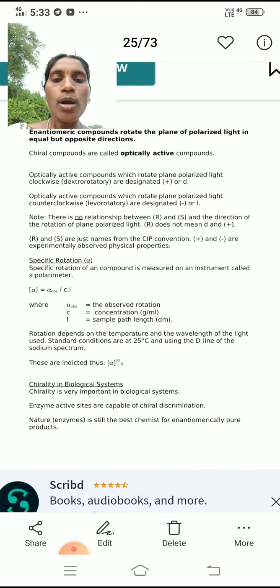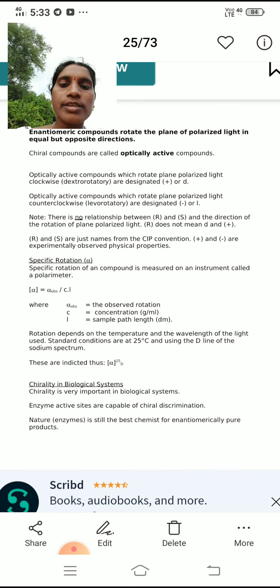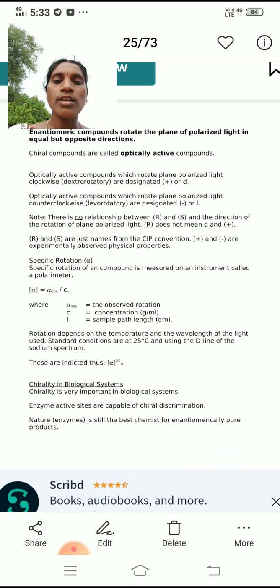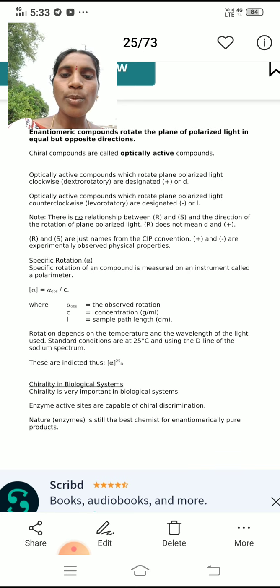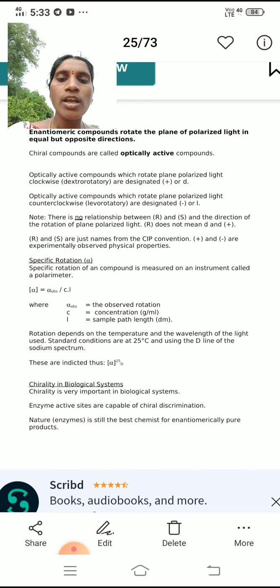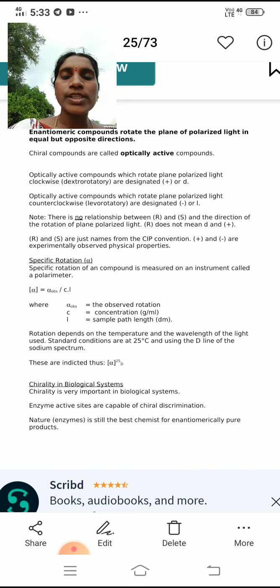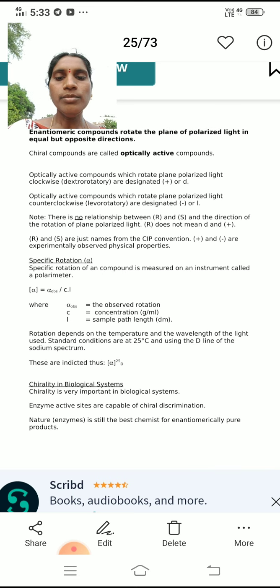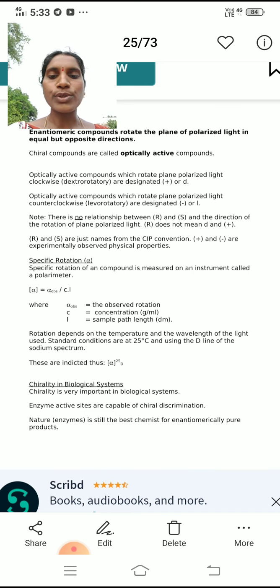Alpha observed is the observed rotation, C is the concentration in gram per milliliter, and L is the sample path length in decimeters. The rotation depends on the temperature and the wavelength of the light used.